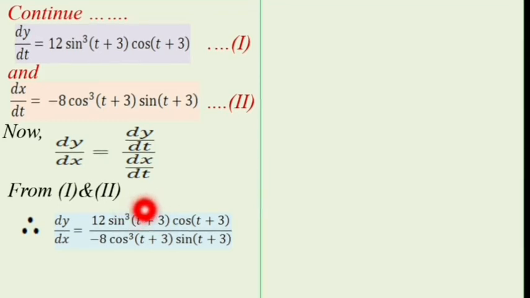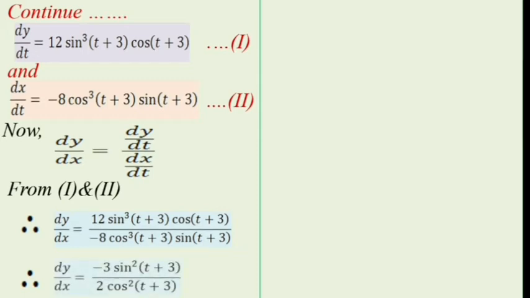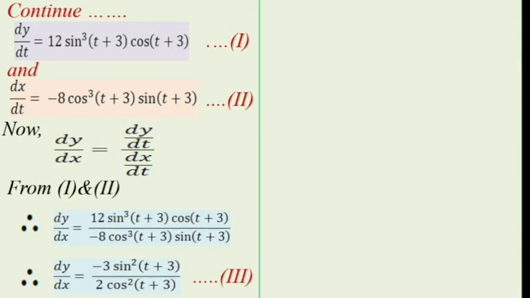Only sin square t plus 3 remains in the numerator, and also 12 upon 8, dividing numerator and denominator by 4, therefore dy by dx equal to minus 3 sin square t plus 3 whole divided by 2 cos square t plus 3. Okay, that is our dy by dx. That is equation number 3.